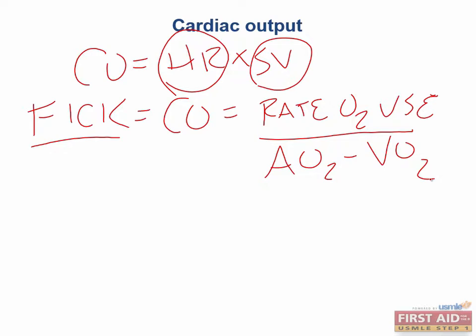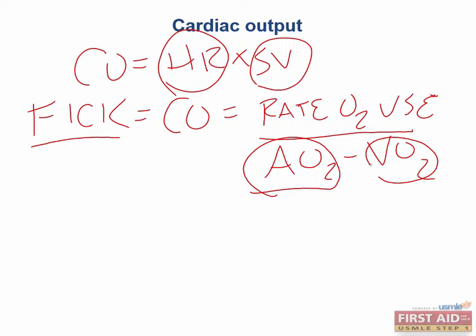So this principle is based on the fact that oxygen is extracted from tissues at a rate proportional to blood flow. So we can measure and compare the arterial oxygen and the venous oxygen content to see how much the tissues have pulled out the oxygen from the blood.